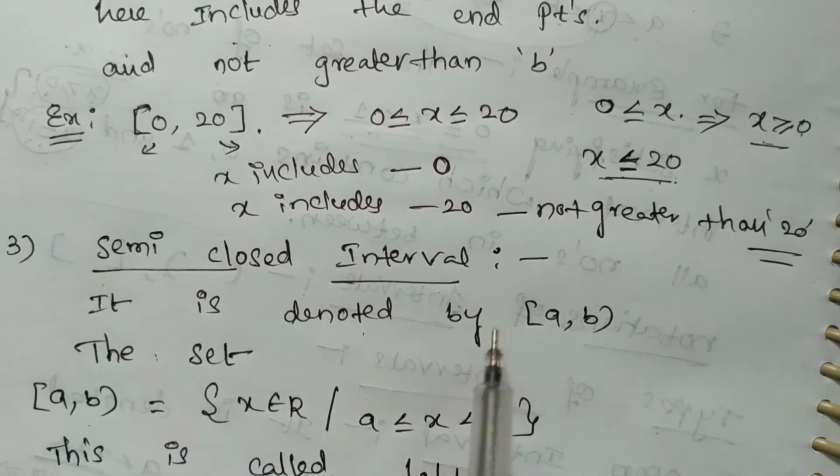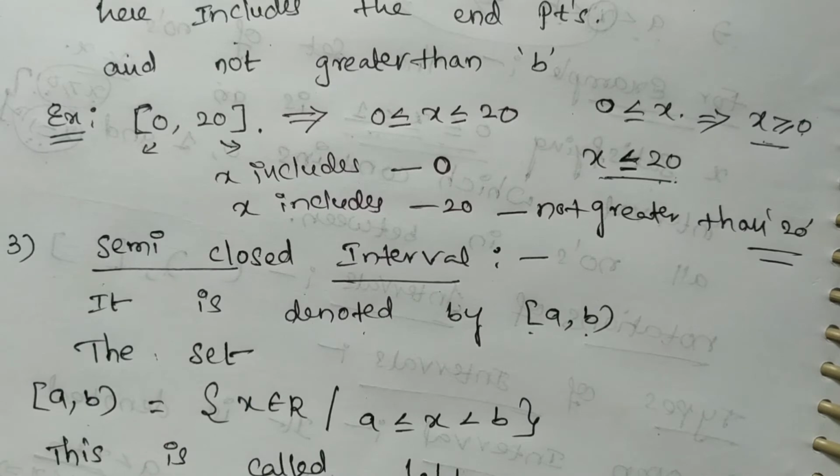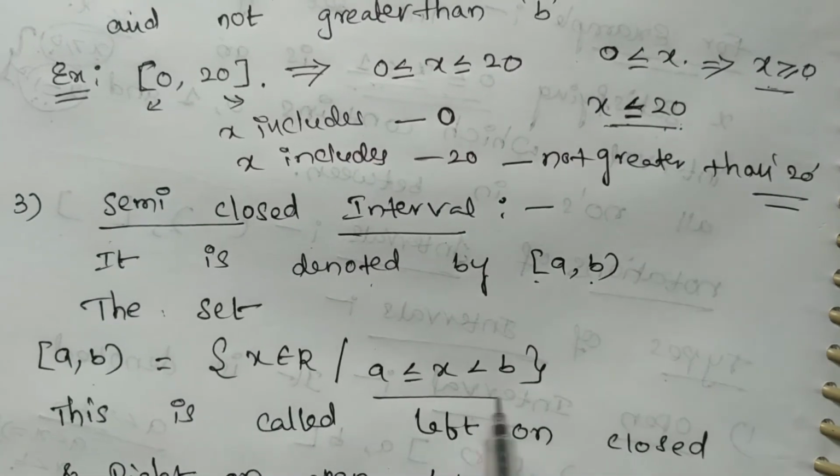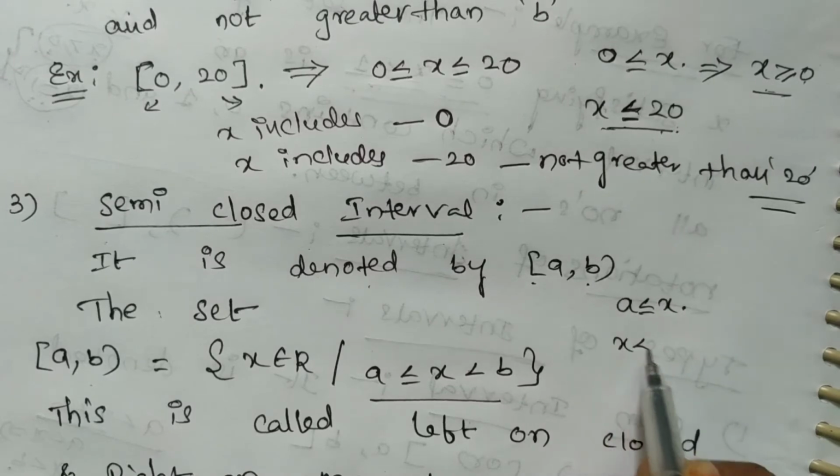It is denoted by [a, b), and the set [a, b) can be written as x belongs to R such that a less than or equal to x less than b.